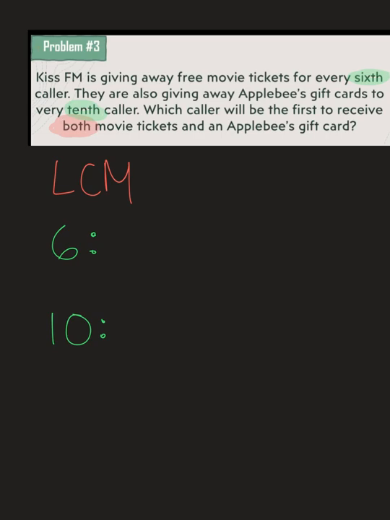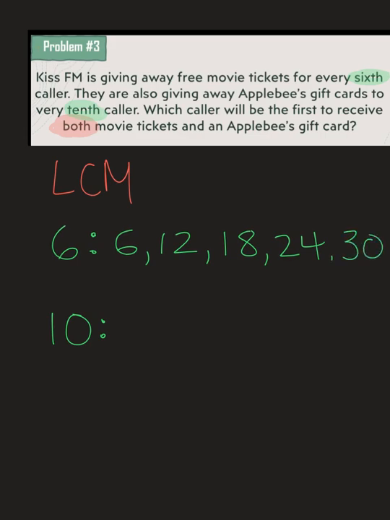Remember, my safe bet is always to start by writing my first 5 multiples. If I need to add more, I can. So let's start by writing our first 5 multiples of 6: 6 times 1 is 6, 6 times 2 is 12, times 3 is 18, 6 times 4 is 24, 6 times 5 is 30.